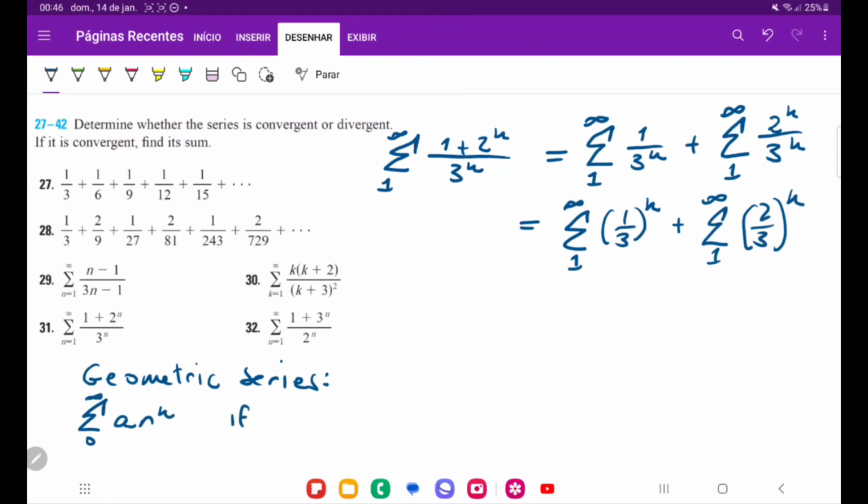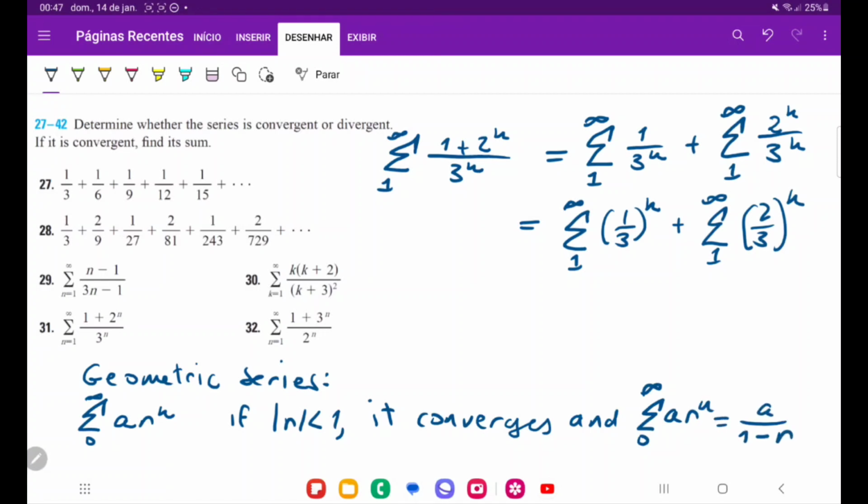And if the absolute value of r is less than 1, it converges, and the sum from 0 to infinity of a r^n is equal to a over 1 minus r. Okay, so with that being said, we can see here that this is a sum of two geometric series, right?